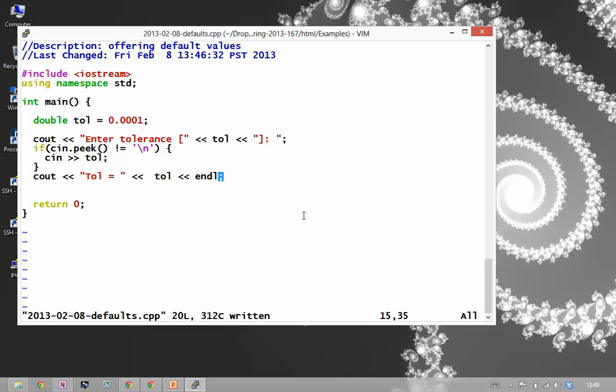Okay, here's what you'll need to accomplish the default tolerance. The only thing I really did was surround the cin tolerance with this if statement, and it uses a feature of the cin function that you're not aware of yet. Let me show you how this works.